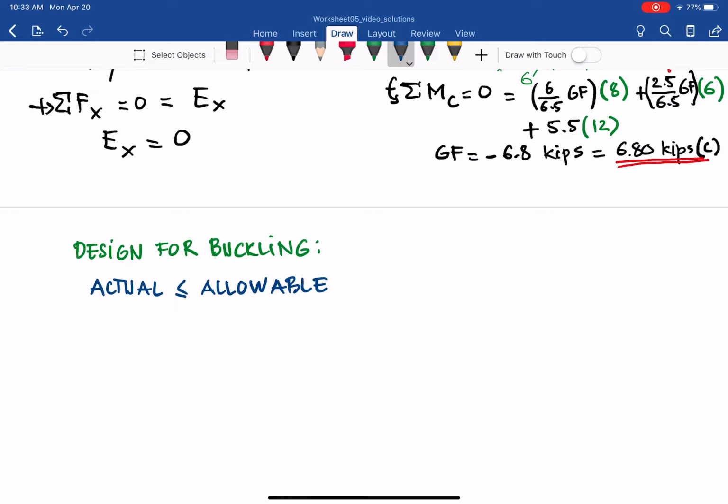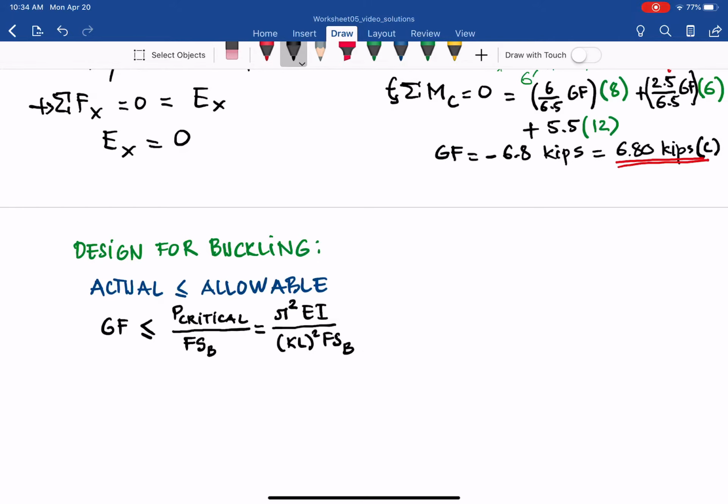So the force in GF has to be less than or equal to the allowable, which in this case is the critical load, the failure load, over the factor of safety due to buckling, and the problem gives us a factor of safety equal to 4. So we plug in pi squared E I over K L squared, times the factor of safety for buckling.